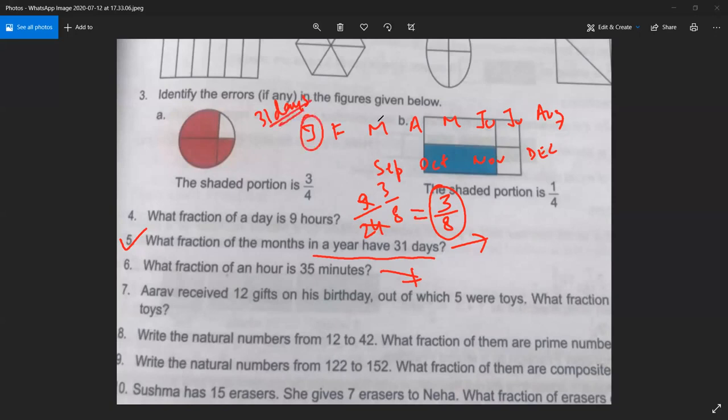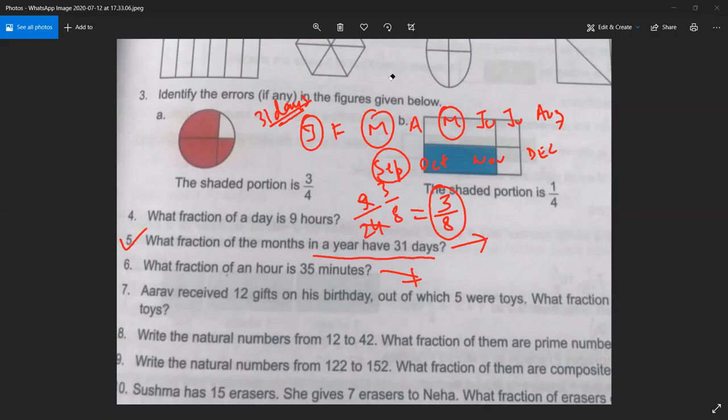So January, March, May, June, July, September, Jan, Feb, March, April, May, June, July. I made a mistake. One second.